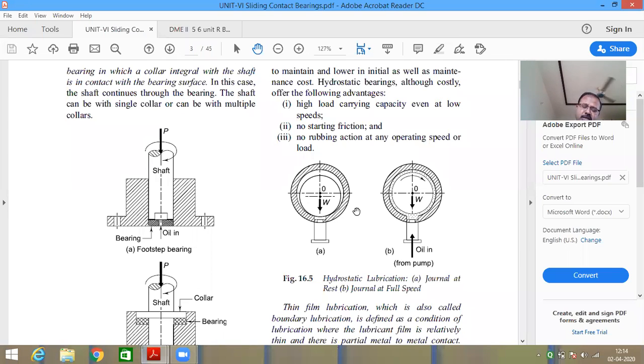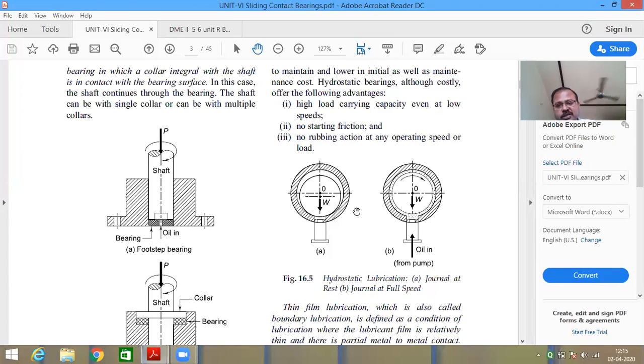We can compare hydrodynamic and hydrostatic lubrication in terms of friction, starting friction, load carrying capacity, and operating speeds. But if we compare on the basis of cost, hydrostatic lubrication will be more costly than hydrodynamic lubrication because extra accessories are required.